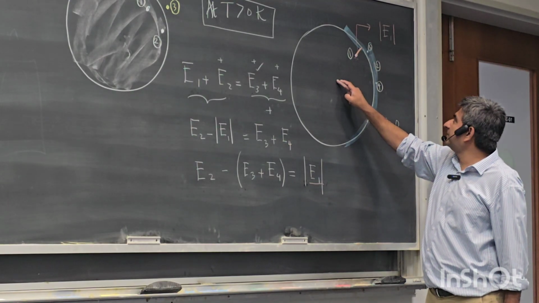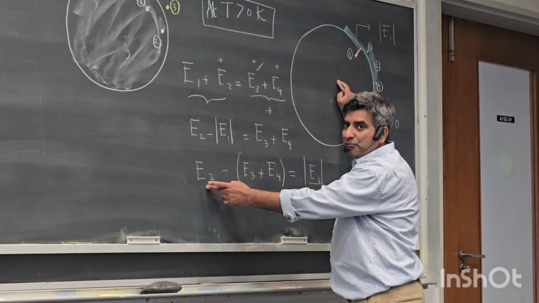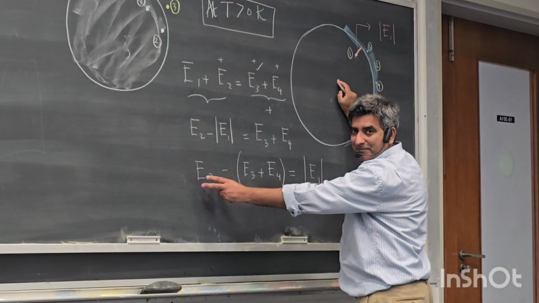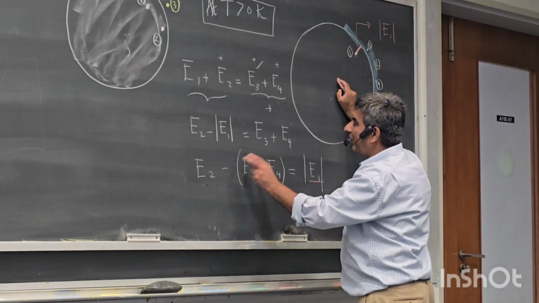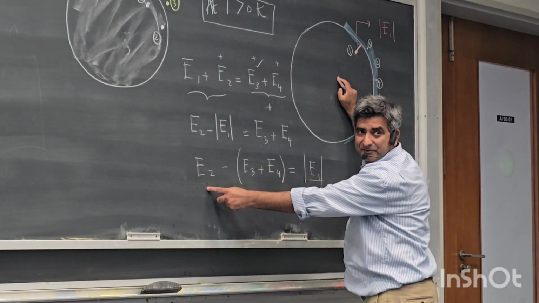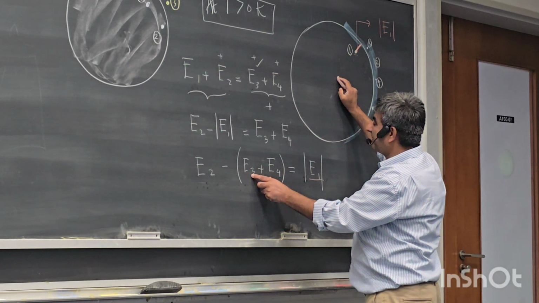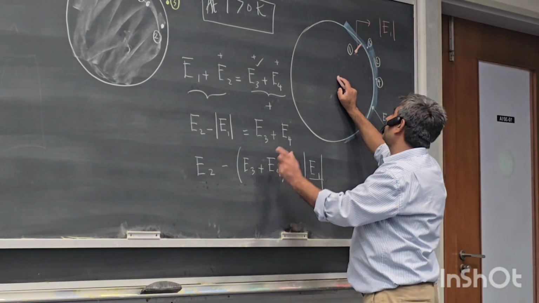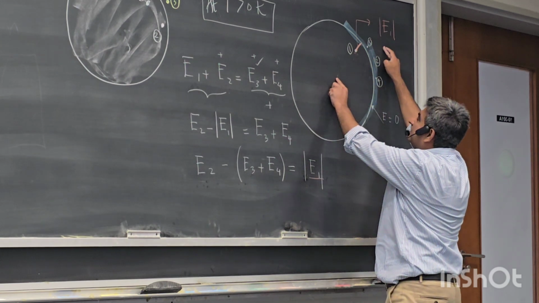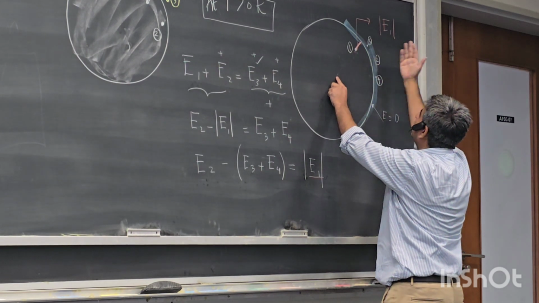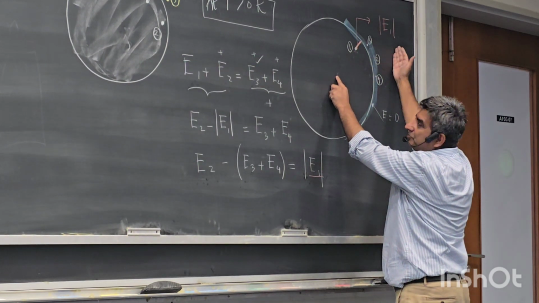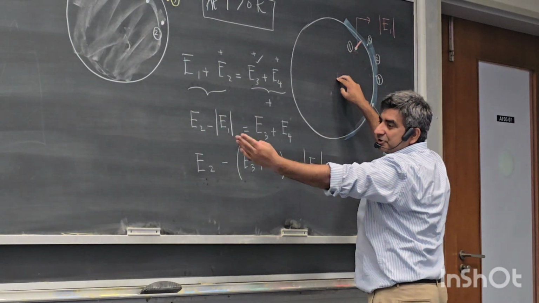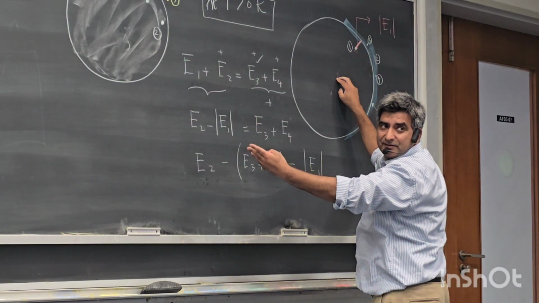Why can this not be large? Because E2 is just some number of the order of kBT. E3 and E4 cannot go beyond E2, because otherwise this condition will not be fulfilled.